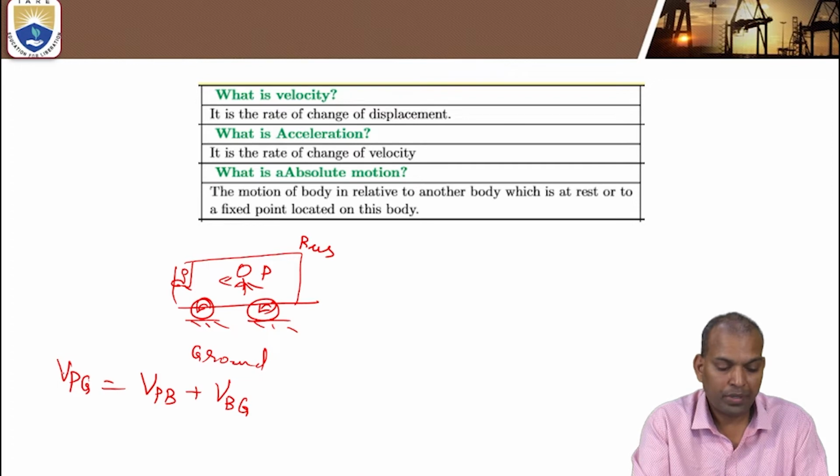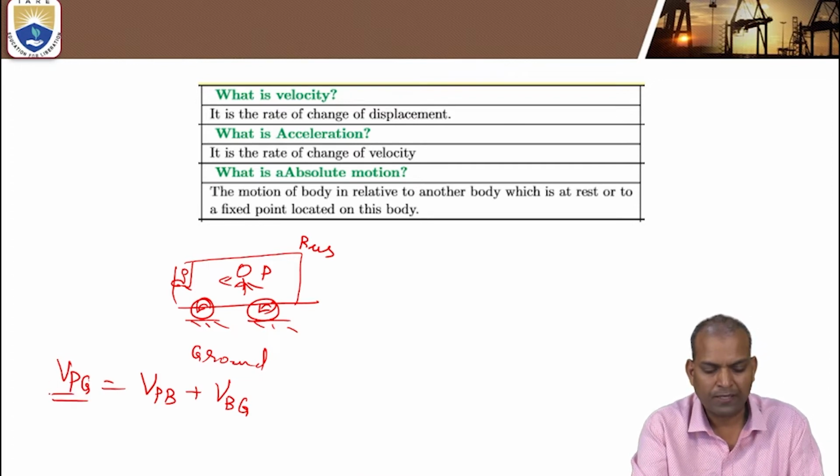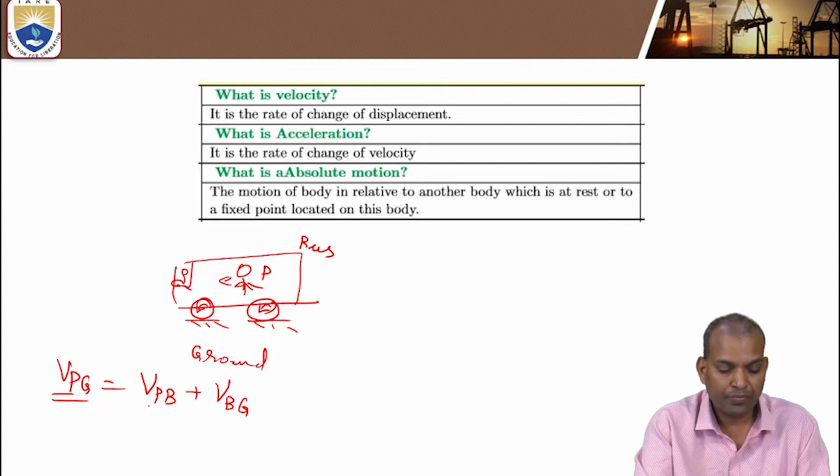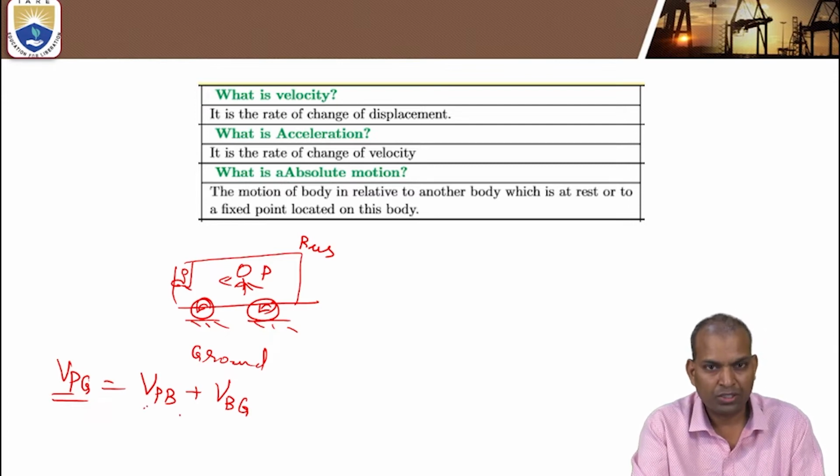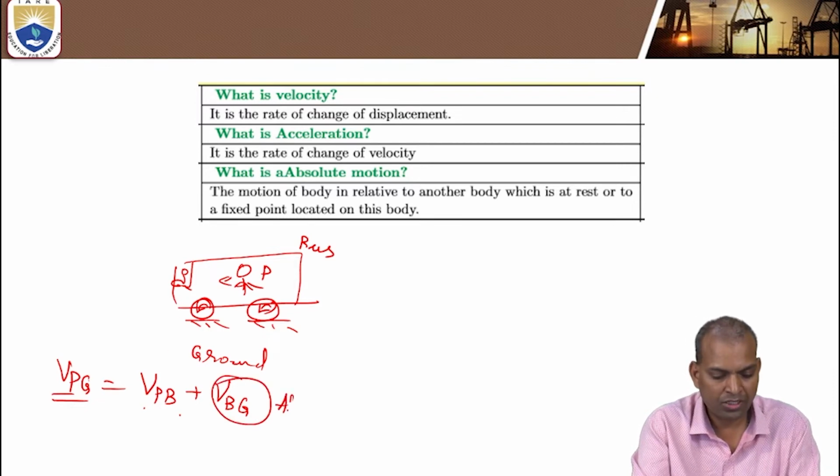The velocity of the passenger with respect to ground is known as the absolute velocity. The velocity of the passenger with respect to the bus is known as the relative velocity. And the velocity of the bus with respect to the ground is the absolute velocity of the bus.